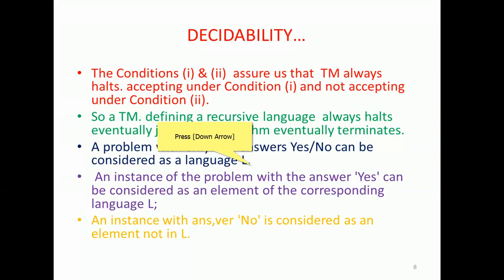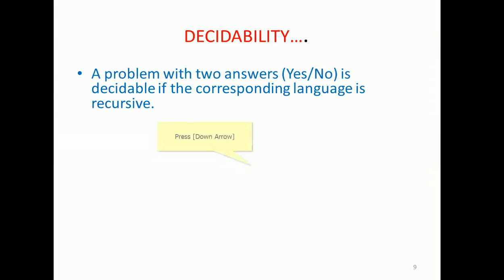If it is present, it is yes, and that is decidable. If it is no, then it is not acceptable, the given string is not available.